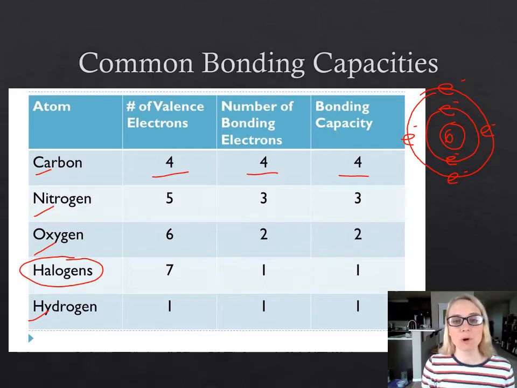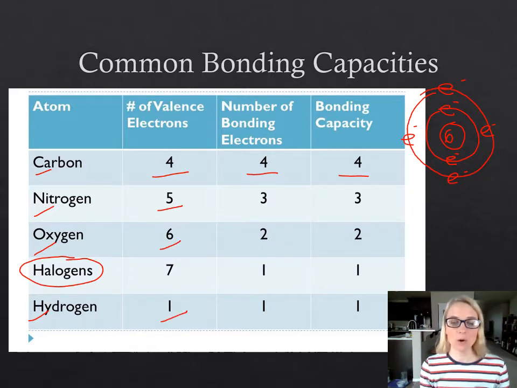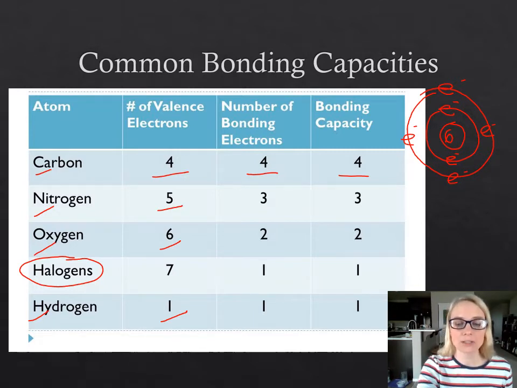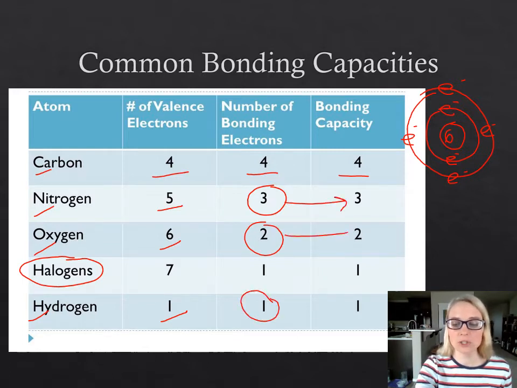But with these 4 major atoms, we can see the number of valence electrons. Nitrogen has 5, oxygen has 6, and hydrogen has 1. Then we look at how many of those electrons are available to share. Nitrogen has 3 to share, oxygen has 2, and hydrogen has 1, which is a direct correlation to how many bonds they can make.